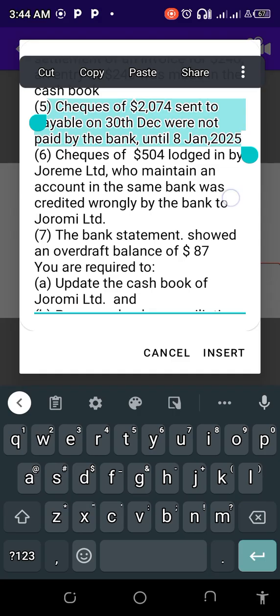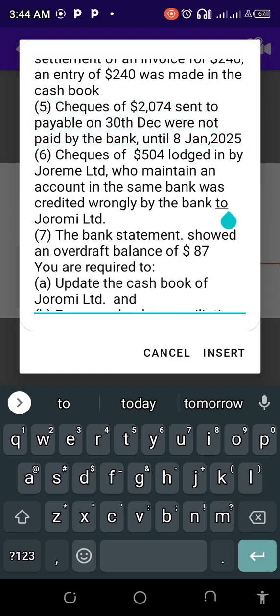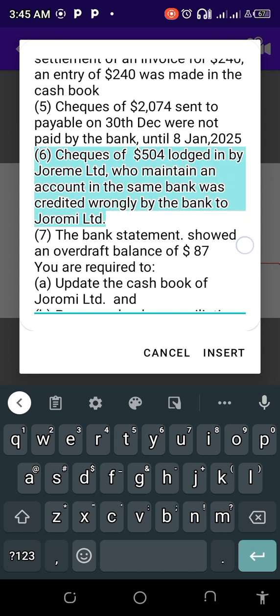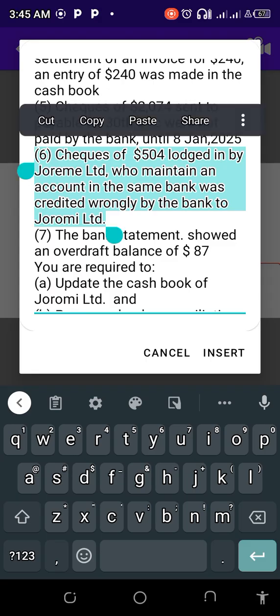Now, the next one is item 6. Item 6 says a check of $504 lodged by Jerome Limited, who maintained an account in the same bank, was credited wrongly by the bank to another Jerome Limited.